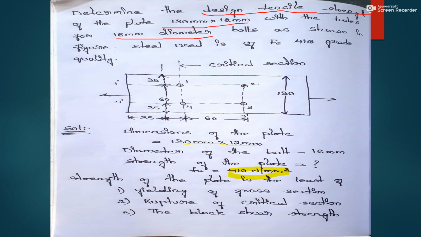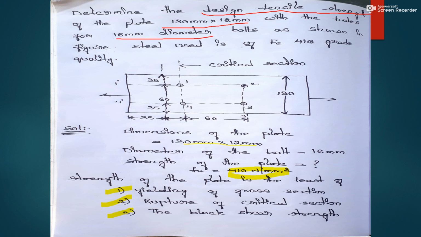So if we know these three strengths, then the least of these three will be the design tensile strength of that particular plate. Then only we can decide which is the least one, and then we can give the answer that this is the design strength of this particular plate, right?